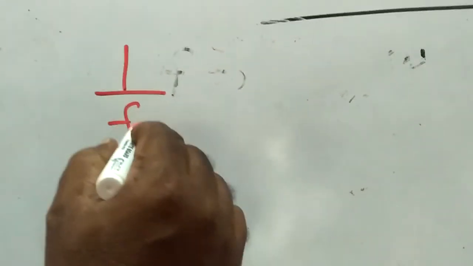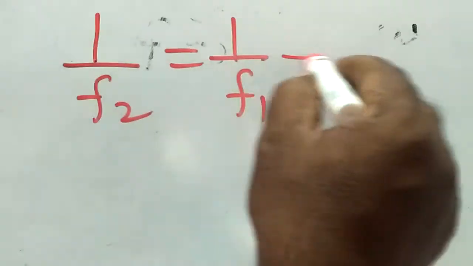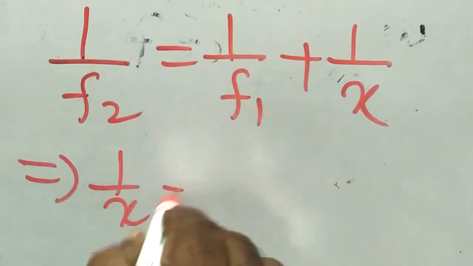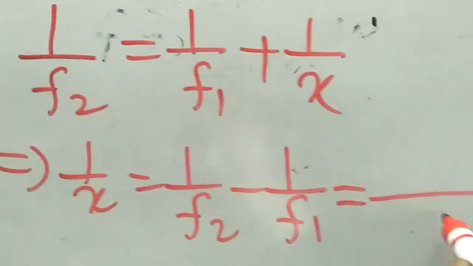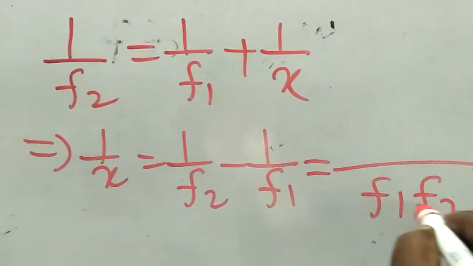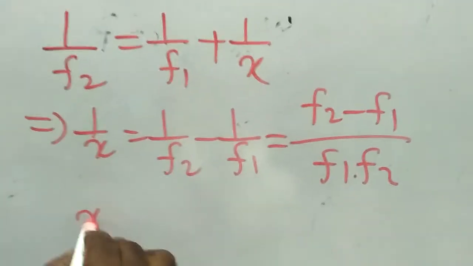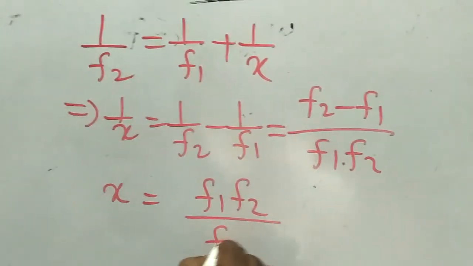The final focal length will be f2, the combination of the two lenses. 1 by f2 is equal to 1 by f1, the focal length of the convex lens, plus 1 by x. So it is implied that 1 by x is equal to 1 by f2 minus 1 by f1. Taking f1 f2 common, this is f2 minus f1 by f1 f2. So x will be f1 f2 by f2 minus f1.